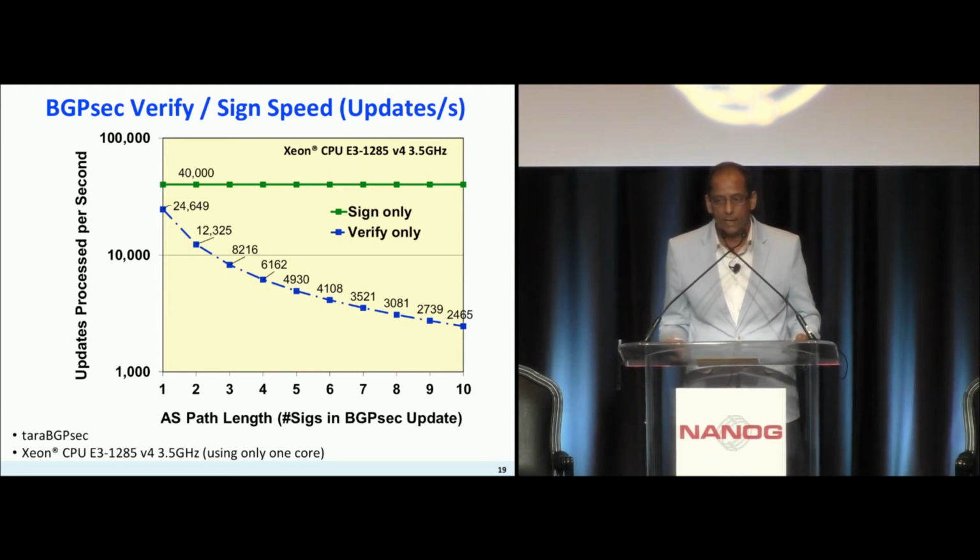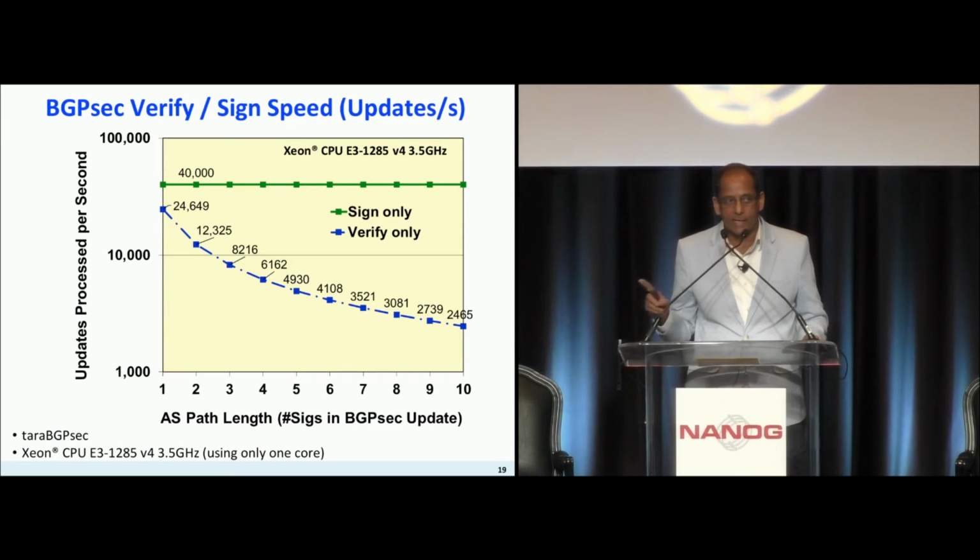So that is why the signing speed pretty much stays constant. It is independent of the AS path length. But the verification speed, updates verified per second, is approximately inversely proportional to the AS path length. The right-hand side of these charts is accurate based on measurements, and as you go to the left, it gets a little bit conservative, but that is okay.